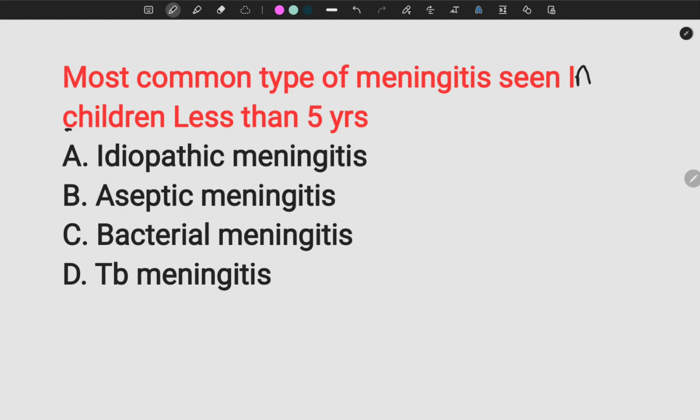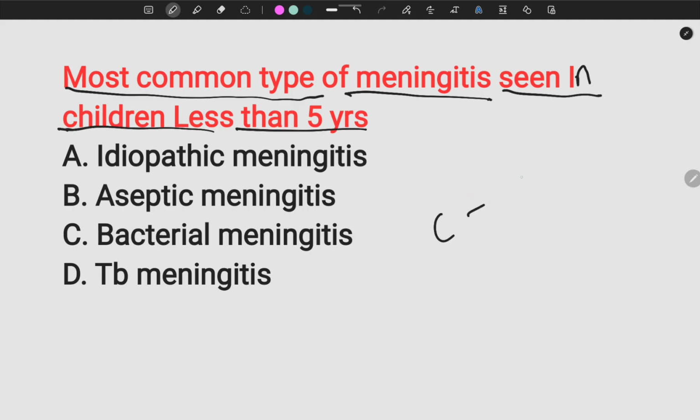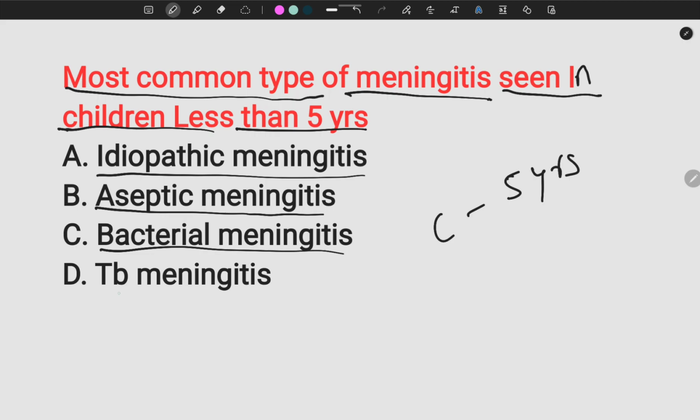So the next question is, the most common type of meningitis seen in children less than 5 years. Which type of meningitis is commonly seen? Options are idiopathic, aseptic, bacterial and tuberculosis meningitis.